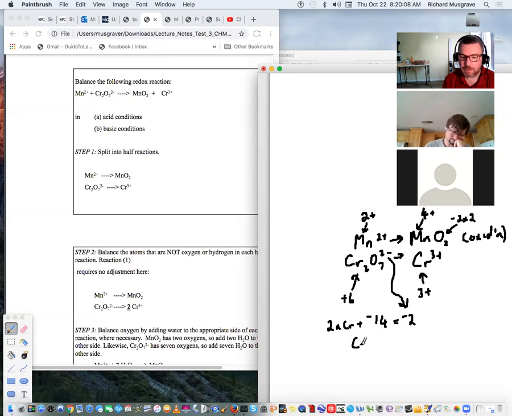You can see that Cr then would be 6. My point here is that the charge is going down, from +6 to +3. That's a reduction. In all of these processes, something's going to be oxidized and something's going to be reduced.